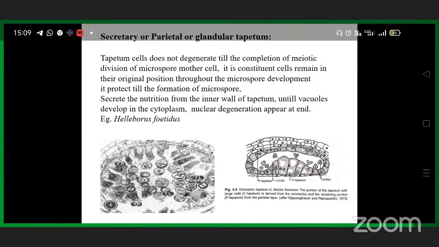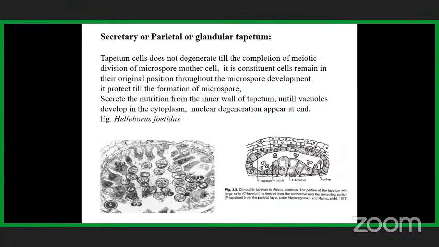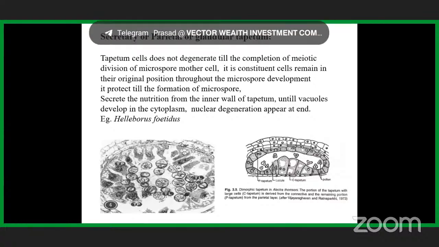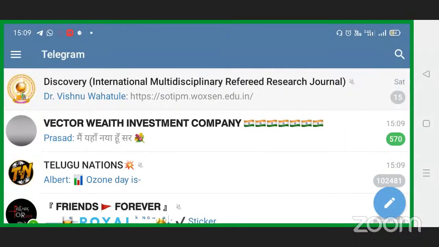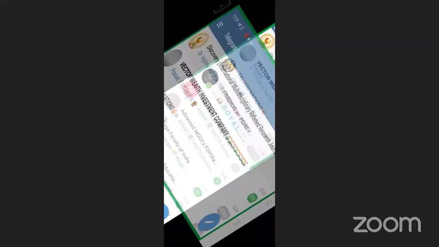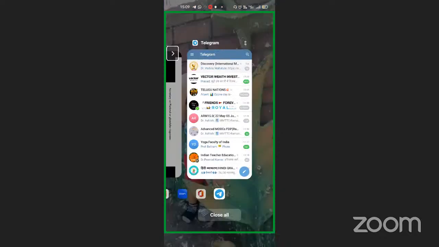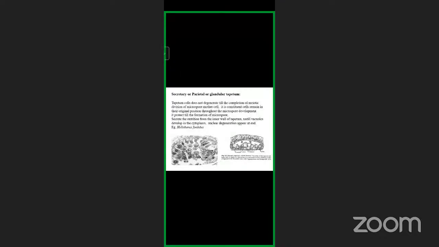And the second one is secretory. Next one is secretory type.